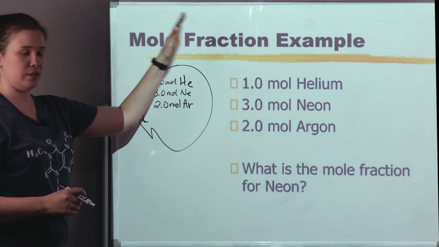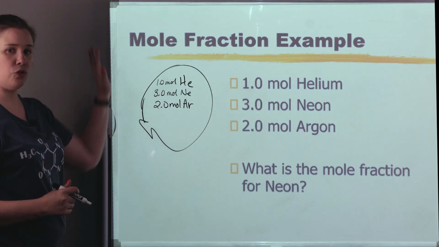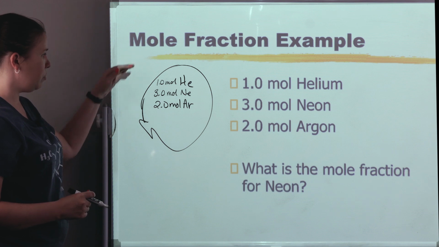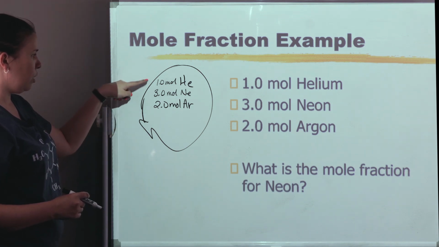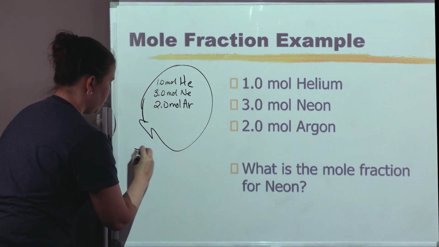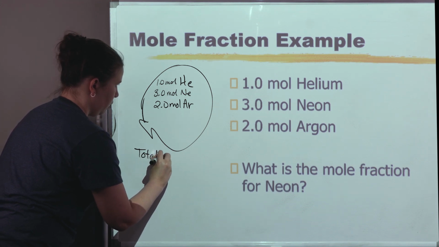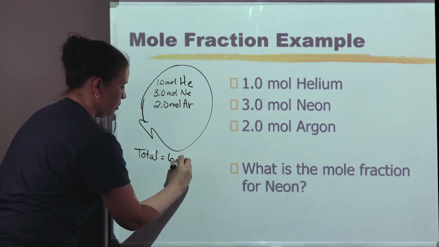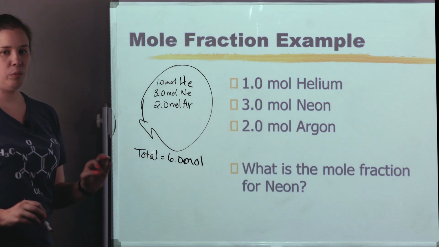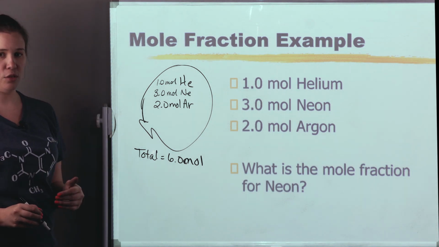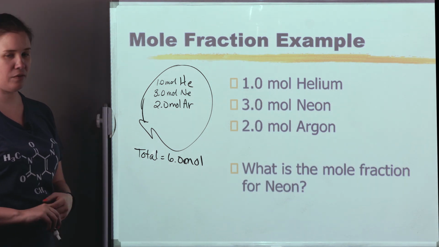All 3 of those things exist in the same balloon, so the total moles in the balloon can be calculated by adding up the 3. 1 plus 3 plus 2 would be a total of 6.0 moles. Remember, your significant figures rule for addition is that you go by decimal places. So our answer is going to have this 1 decimal place.